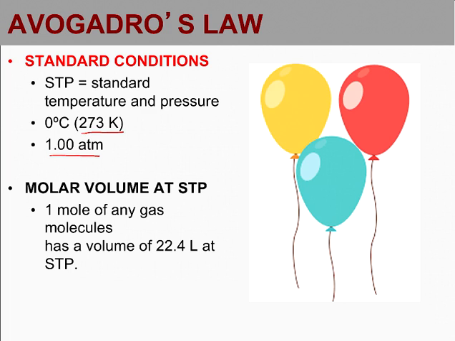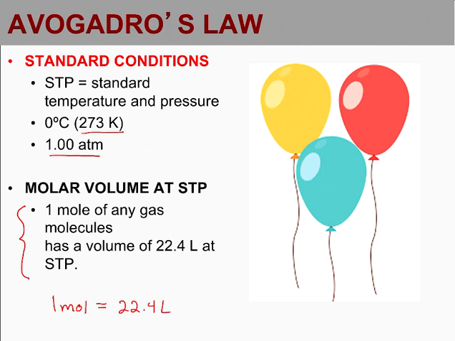So actually, if you have 1 mole of a gas at standard temperature and pressure, that gas will have a volume of 22.4 liters. So that's stated down here. So 1 mole of any gas, it doesn't really matter which gas we're referring to, will have a volume of 22.4 liters at standard temperature and pressure.